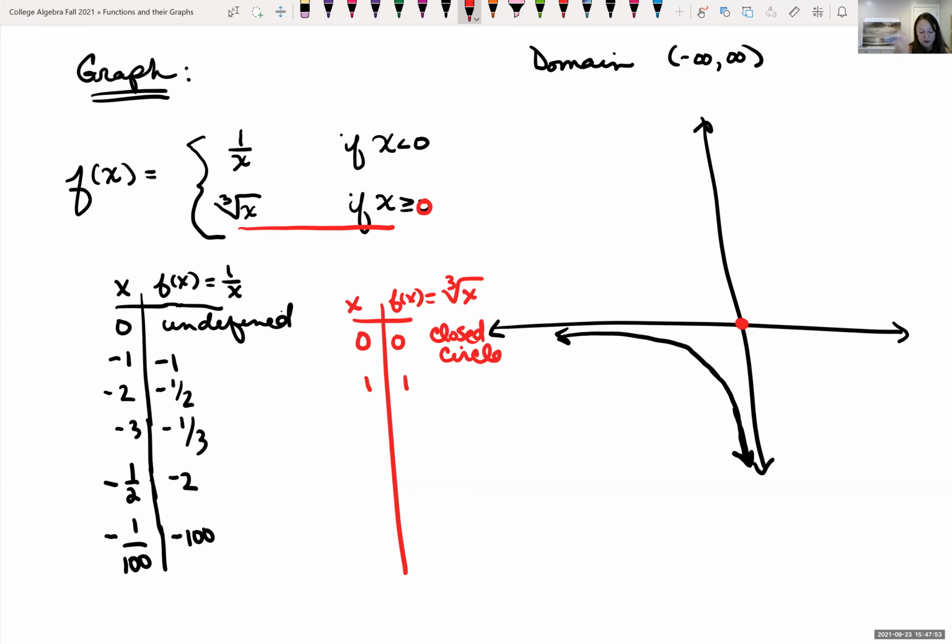I would probably put in numbers that I know how to take the cubed root of. So the next perfect cube will be 8, which would give me 2. I know what the general look of this is too. So at 1, I have 1, and at 8, I have 2. So it looks similar to this.